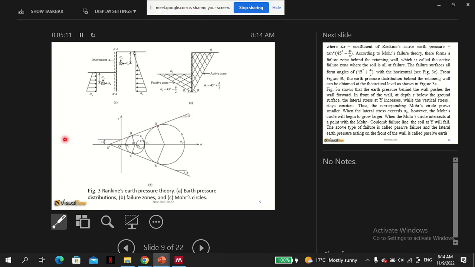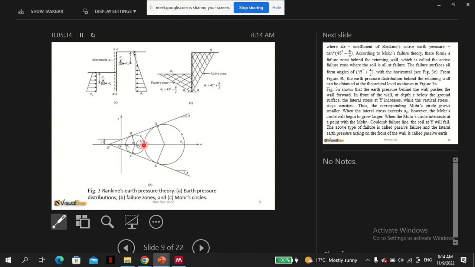failure line. By intuition, of course, on this side the pressure is going to increase, so the ratio of sigma h, so if this was the same circle, sigma v and sigma h, on this side the sigma h reduces to touch the circle.